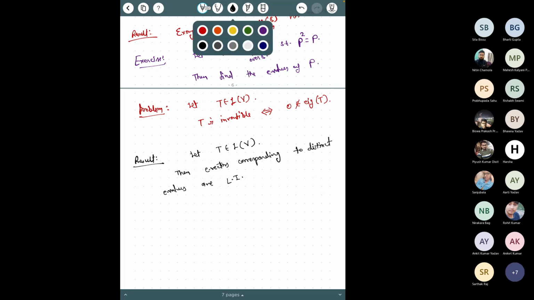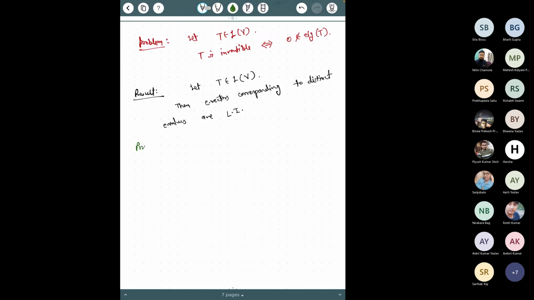So you tell me how to start the proof. We have to show that eigenvectors corresponding to distinct eigenvalues are linearly independent. Just tell me the start. Suppose v1, v2, ..., vn are eigenvectors corresponding to lambda1, lambda2, ..., lambda n. But then what are you assuming, that these are the eigenvectors corresponding to distinct eigenvalues?